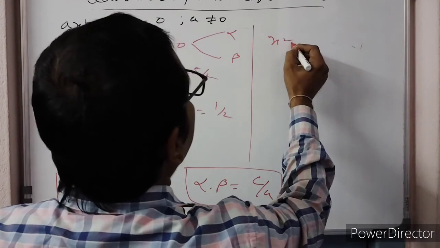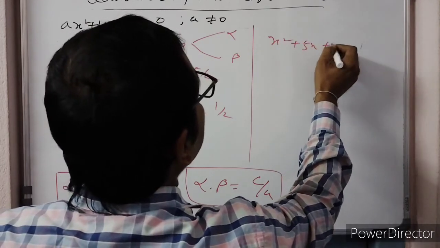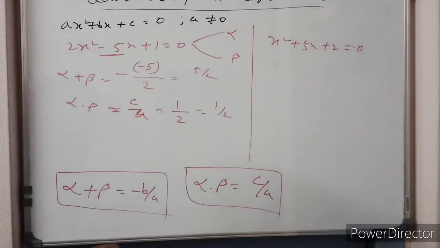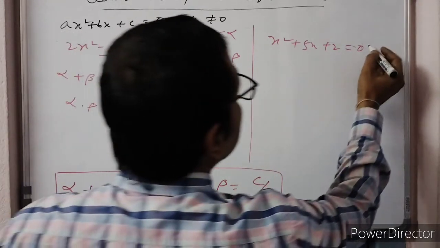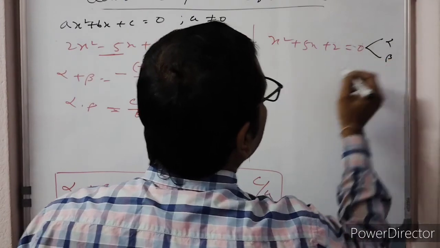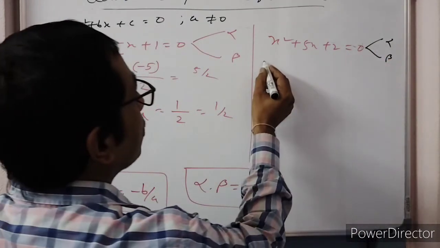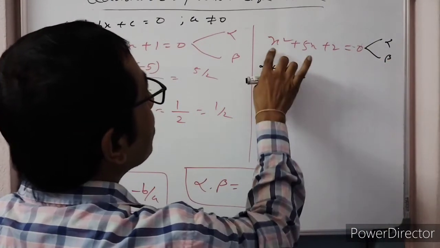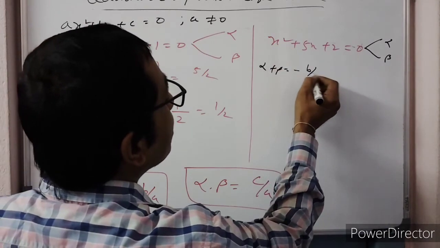Another example, suppose you can write x square plus 5x plus 2 equal to 0. Let the roots be alpha and beta. So alpha plus beta, that is the sum of the roots, equals minus b by a.